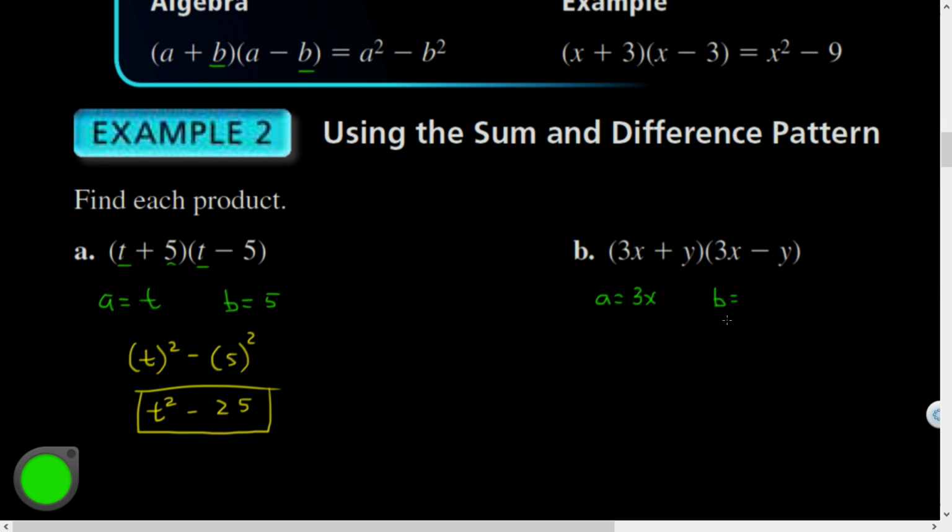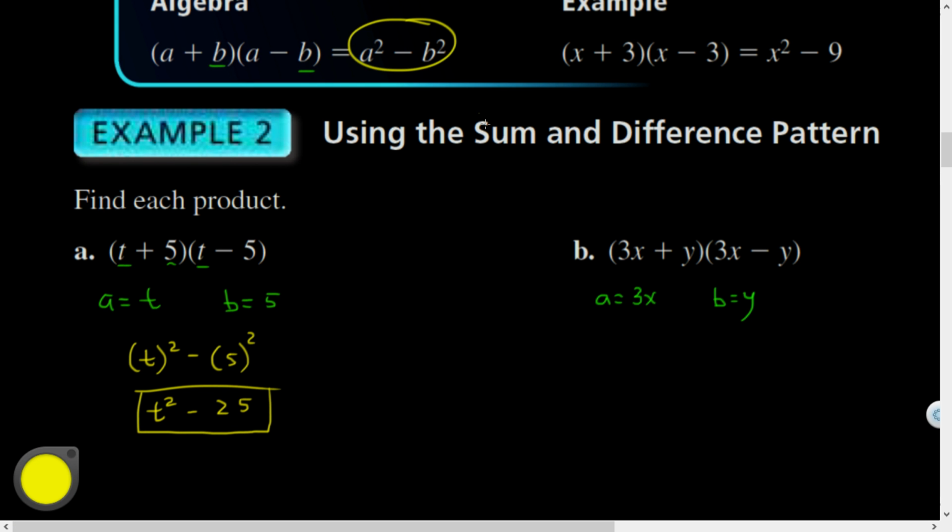And someone else, what would we call B here? Well, what's in the A slot was the first term for each of those. We called 3x. So B is just going to be the y. And let's plug it into the pattern.